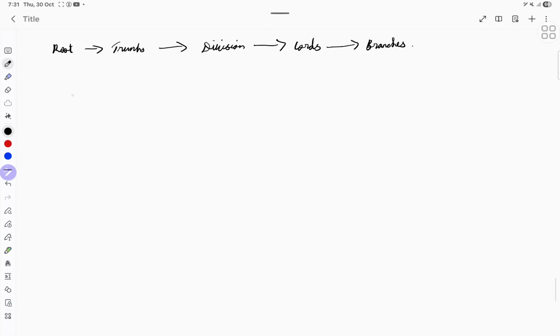In the root, it has two rami. One is the posterior ramus and another is the anterior ramus. The anterior rami continue to form the trunks. The posterior rami supply the paraspinal muscles.